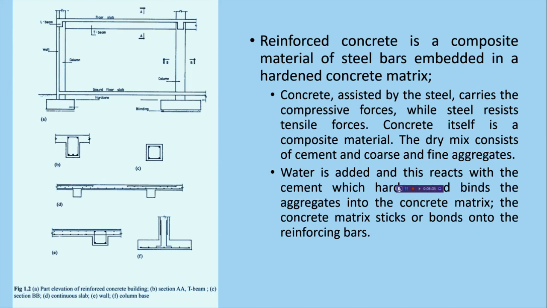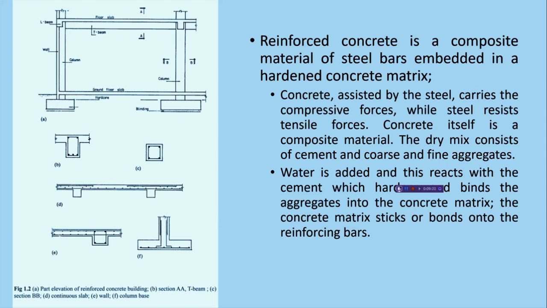Concrete, assisted by steel, carries the compressive force, while steel resists tensile forces. So concrete is highly recommended to resist compressive force, and also steel akan resist tensile force. So bila dia digabungkan, so it becomes a very high strength material lah.